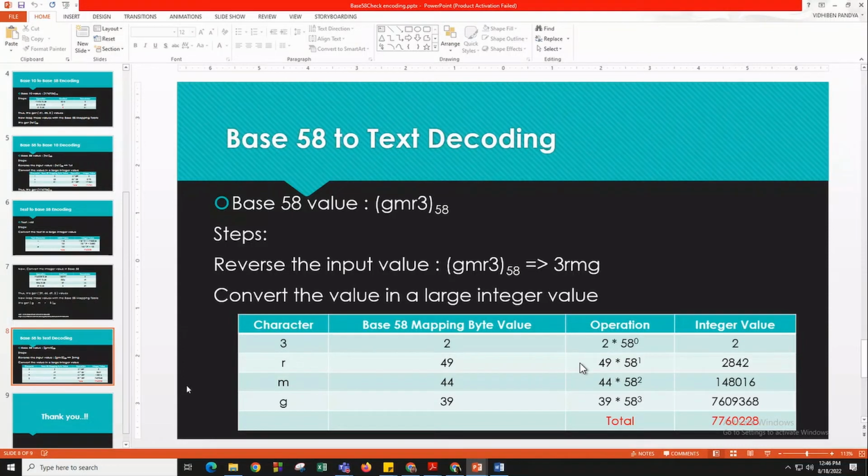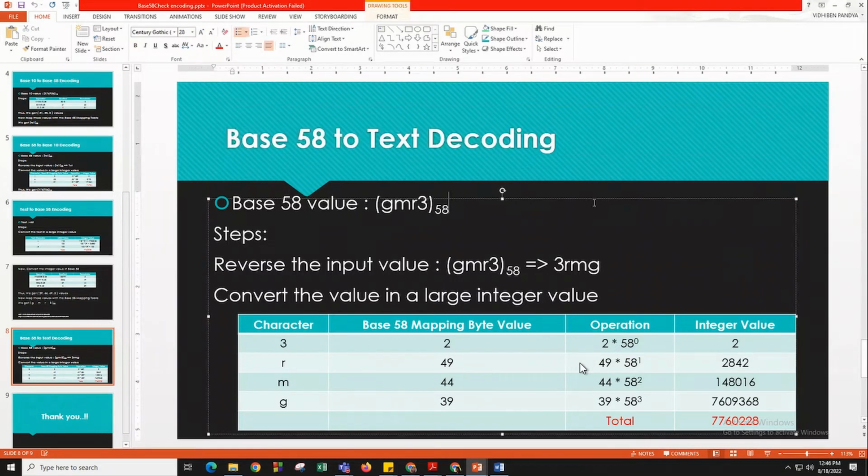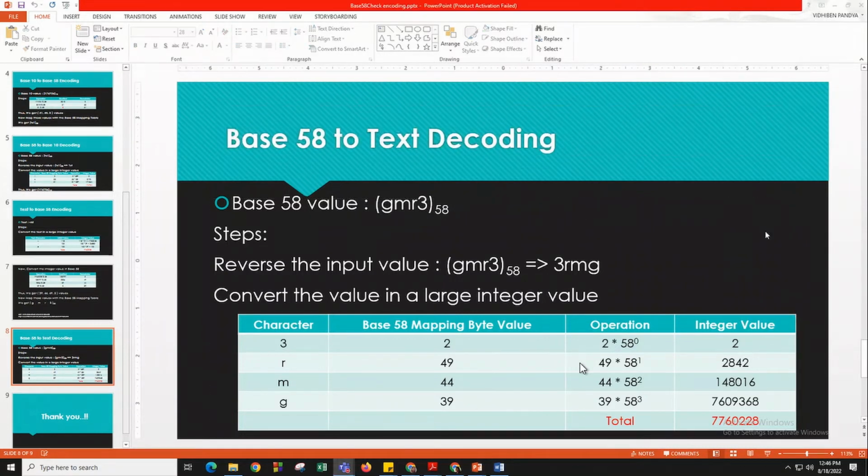Miners, who do mining, solve hash values and all the different possible answers, and for that they need high computing power. So whenever we use base 58 for text encoding, you can get the numeric value for that text. But to get the text back from the numeric value, you require a program and high computation power which can provide you the correct text values.